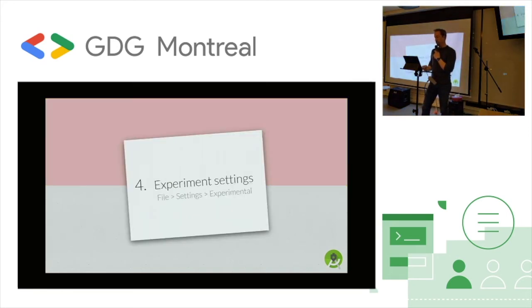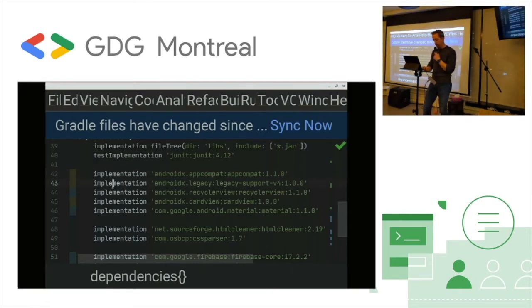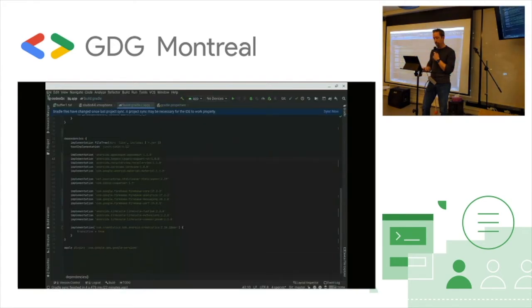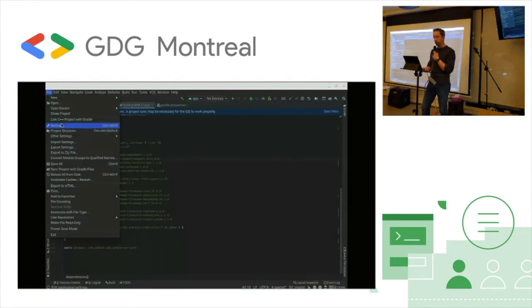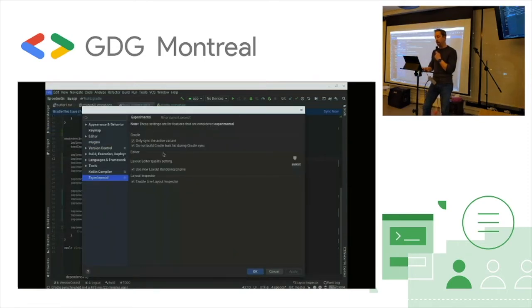There's a couple of experimental flags. If you are on Android Studio 3.5 and more, you can go in the settings, and there's some nice things. I'm going to exit presentation mode. So if you go File, Settings, and then you go in Experimental at the bottom, there's a couple of things that are super interesting, especially if you have multiple variants.